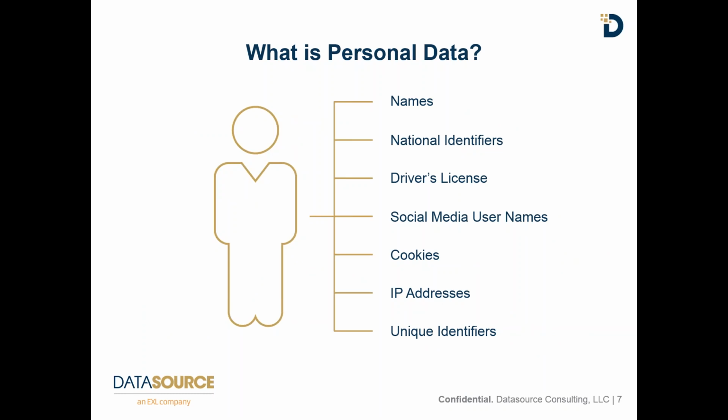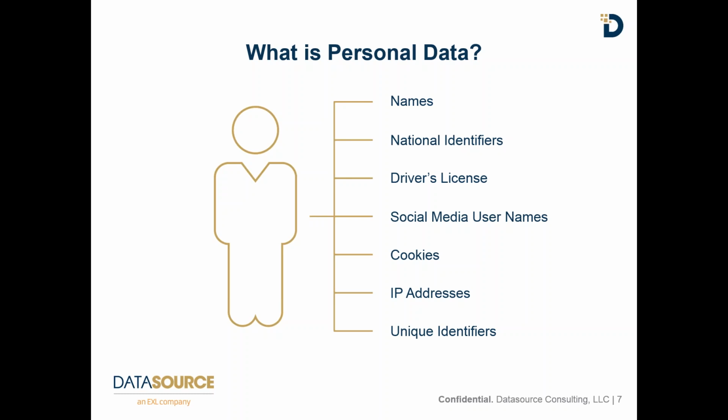The traditional view of what was considered personal information typically included names, national identifiers, driver's licenses. I think back to how we first had to comply with HIPAA many years ago when I was with United Health Group, for example. And those were the types of things that we had to be aware of for PHI and PII.